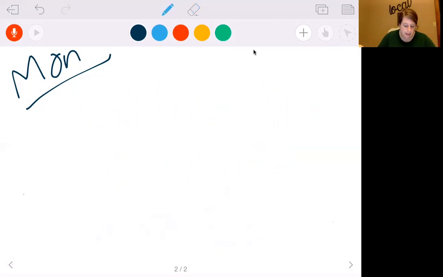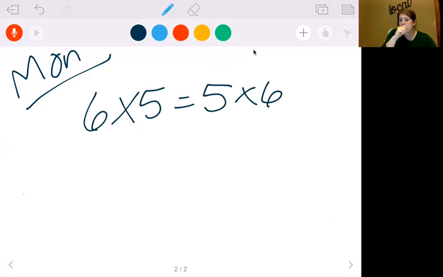Okay, next, if they give you one like this, 6 times 5 equals 5 times 6. This one, there's no parentheses, there's no zeros, there's no ones, and all we did was switch 6 and 5, 5 and 6. So this one's commutative.